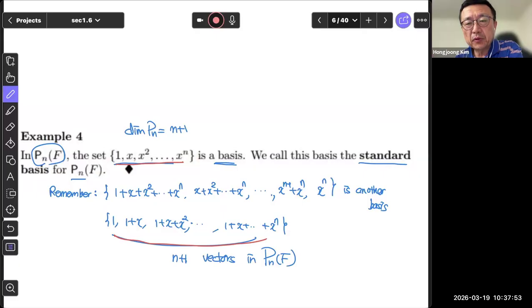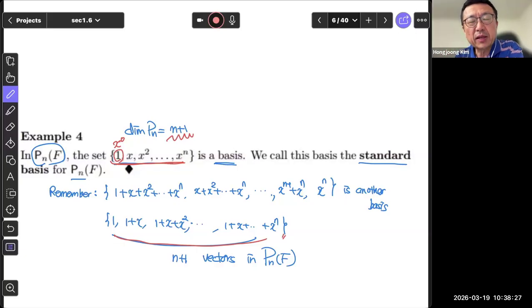One important observation you need to consider is that the number of vectors in this basis will be n plus 1, not n. So you need to include 1, the constant function, or mathematically, that is the 0th power of x function. So you have n plus 1 vectors in a basis. If you consider some other bases, they also have n plus 1 vectors.